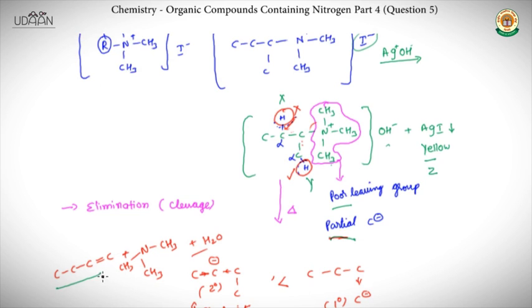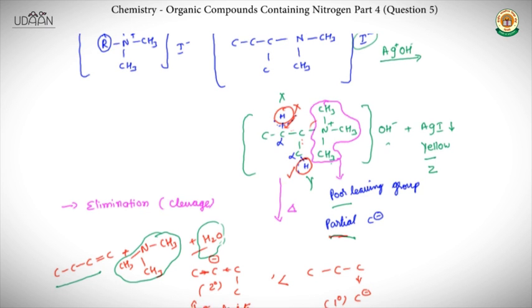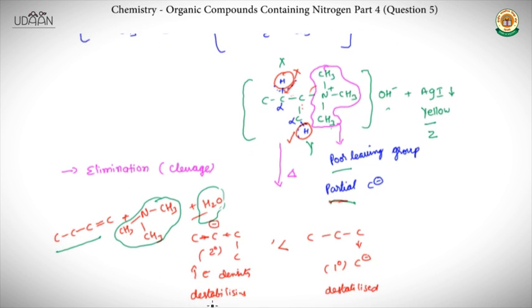So you have the elimination product with you, and you have this one, and also water. But for questions we generally do not consider water because it's mostly a common product. And this one you have also read, where a secondary carbanion is less stable than a primary carbanion. And finally you got your product. So let us move to the next question.